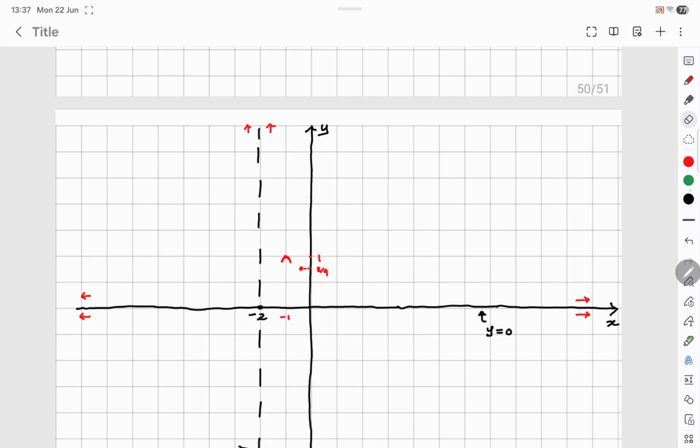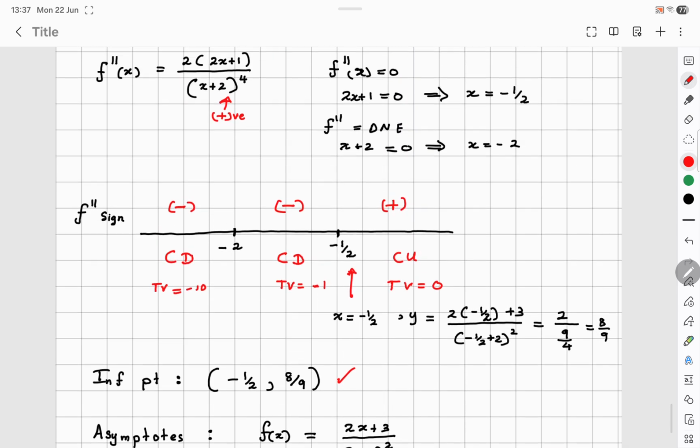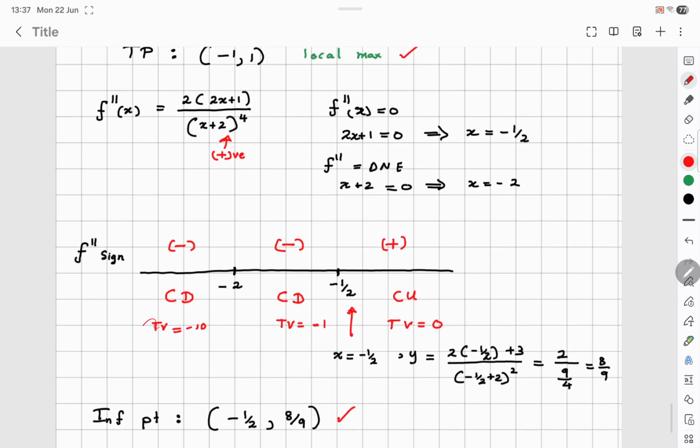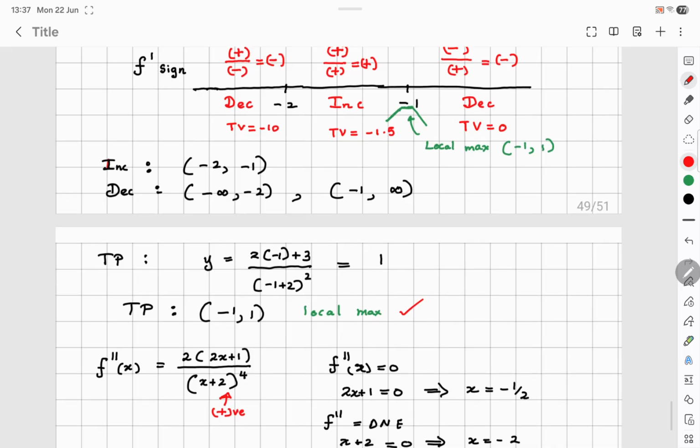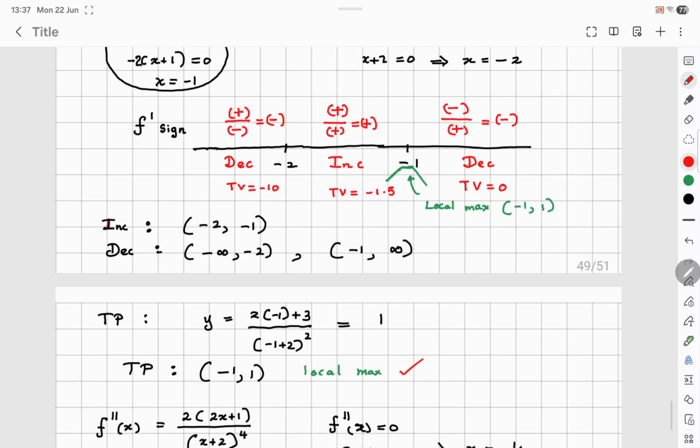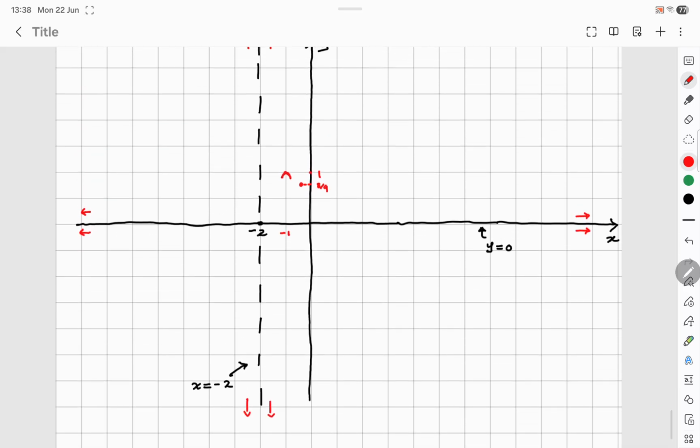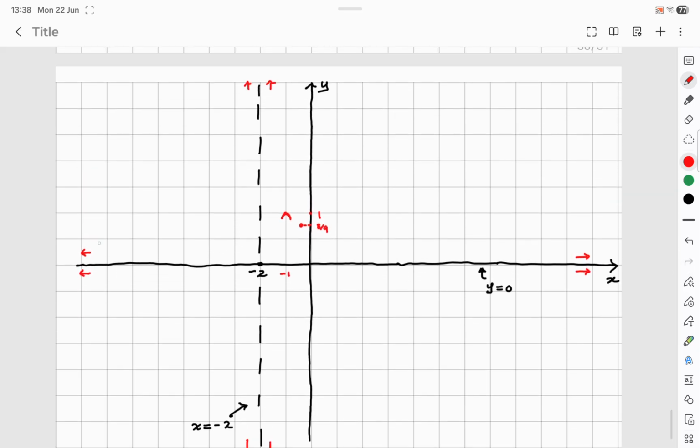Okay, so let's do that. So less than minus 2, concavity is what? Concaving down. Less than minus 2, function is also decreasing. Decreasing and concaving down. Can I do this? No, that is increasing and that is concaving up.